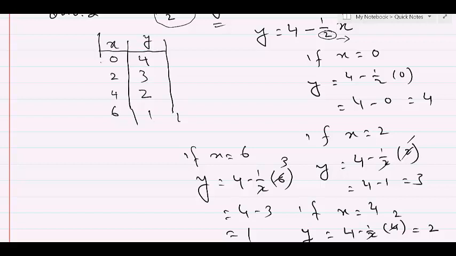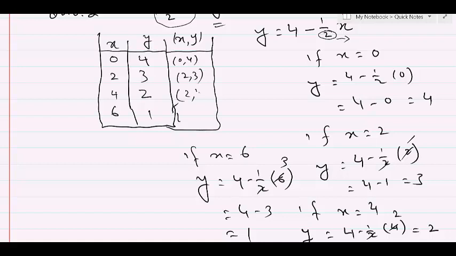Now the table of values is this: 0, 4; 2, 3; 4, 2; 6, 1. If we want to plot this table of values on the graph paper, we can certainly write it in the form of pairs. Those would be (0, 4), (2, 3), (4, 2), (6, 1).